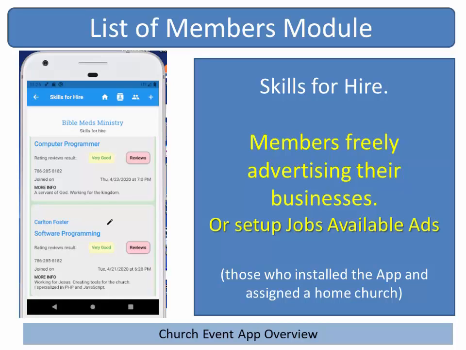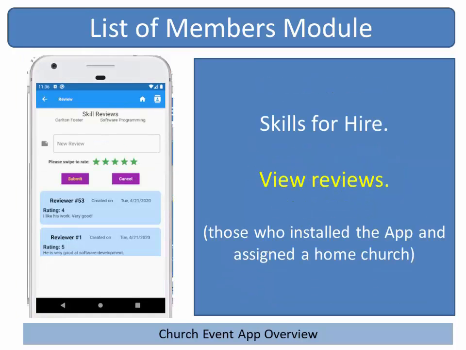This way you keep the revenue and funds within the membership itself. You also have the ability to rate them, whether they're performing well or excellently, and it will be confidential. No one will know who rated, but you will see whoever may have 1 star, 2 stars, or 3 stars.